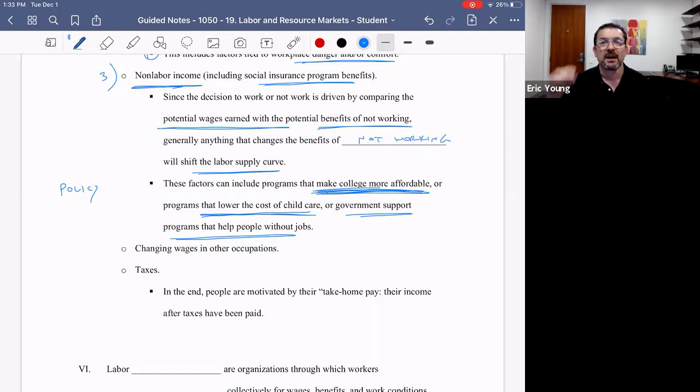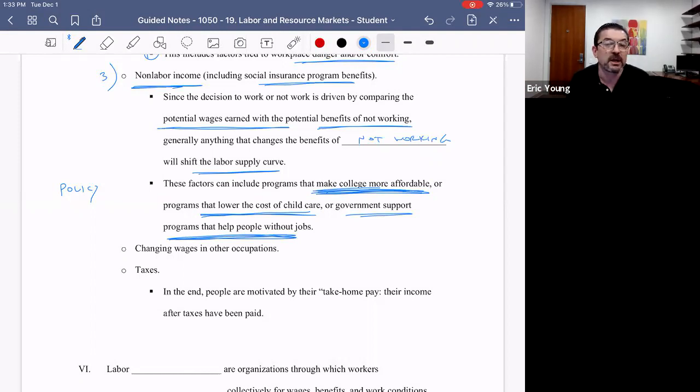Well, guess what happened? As soon as the government said, okay, you can go back to work now, and as soon as businesses were allowed to reopen, those businesses had a really tough time finding workers, because a lot of workers realized that they were making just as much money from unemployment benefits between the federal and state programs combined as they were for working.